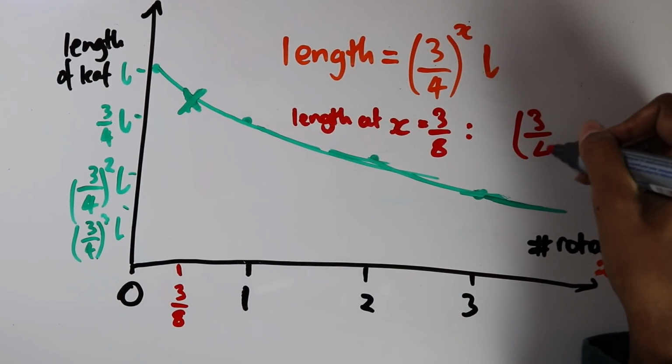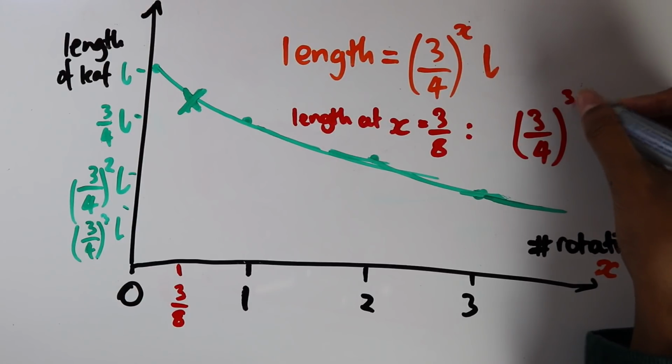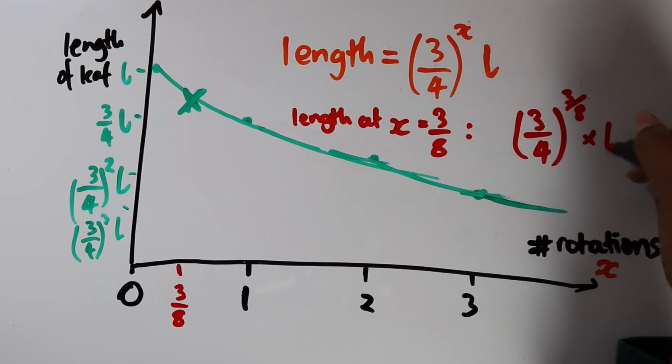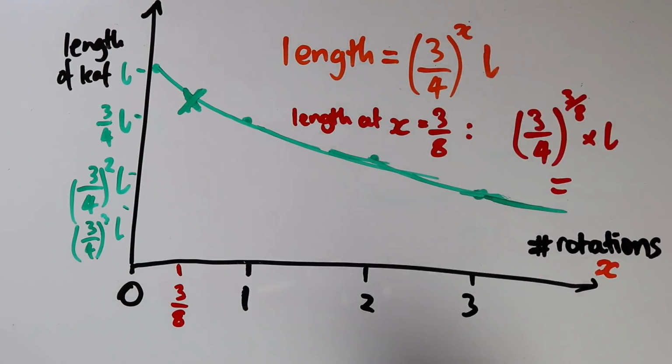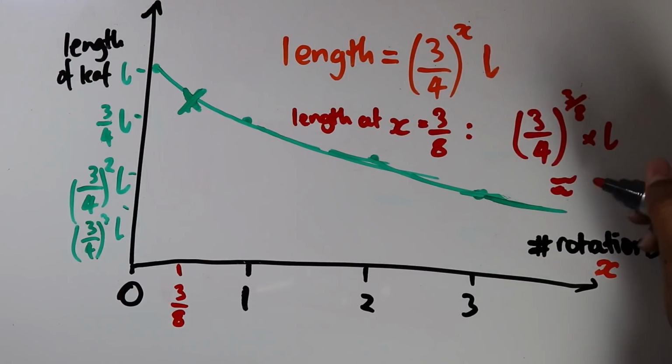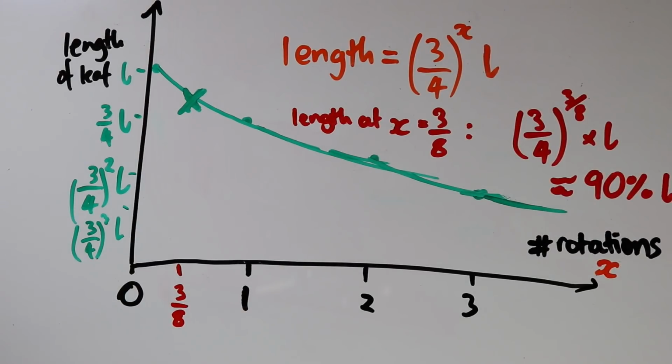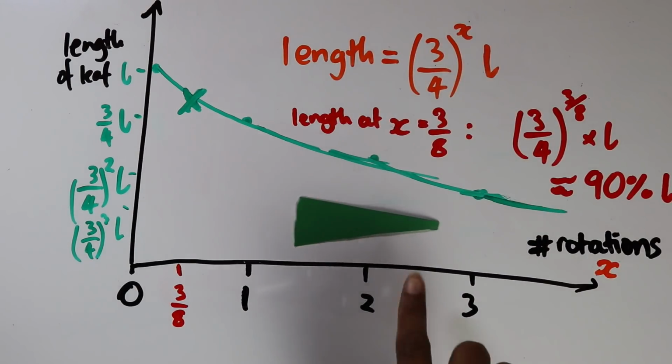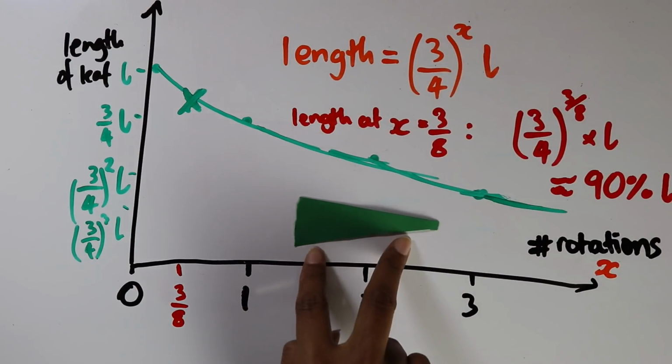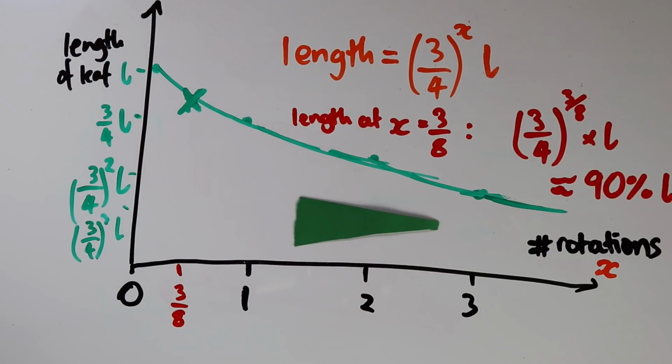That's (3/4)^(3/8) times L, which equals approximately, very, very close to 90% of L, which means that each successive leaf has to be 90% of the previous one, which is just awful. That is going to be a nightmare to be measuring out.